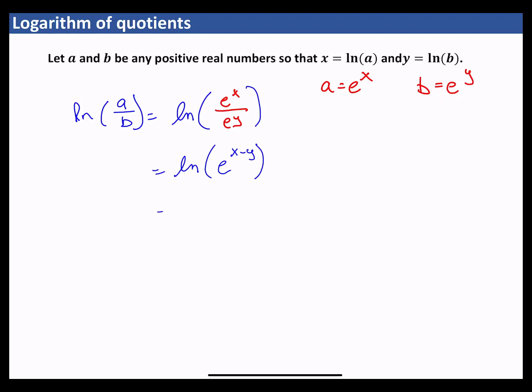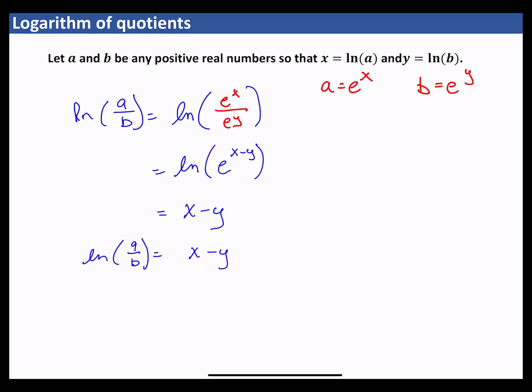And since the natural logarithm and the natural exponential function are inverses, we can conclude that the natural log of e raised to the quantity x minus y equals x minus y. So putting the last few steps together, we can say that the natural log of a divided by b equals x minus y.